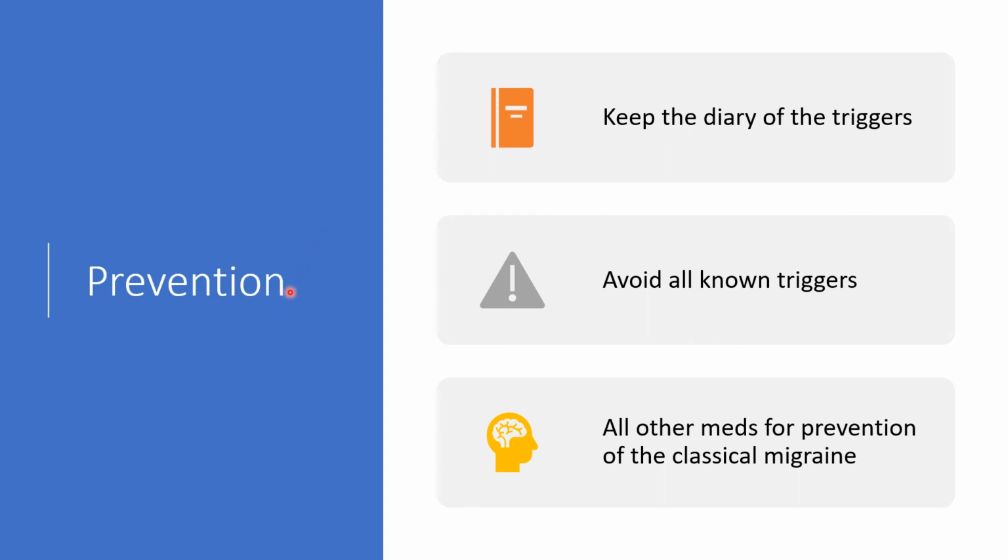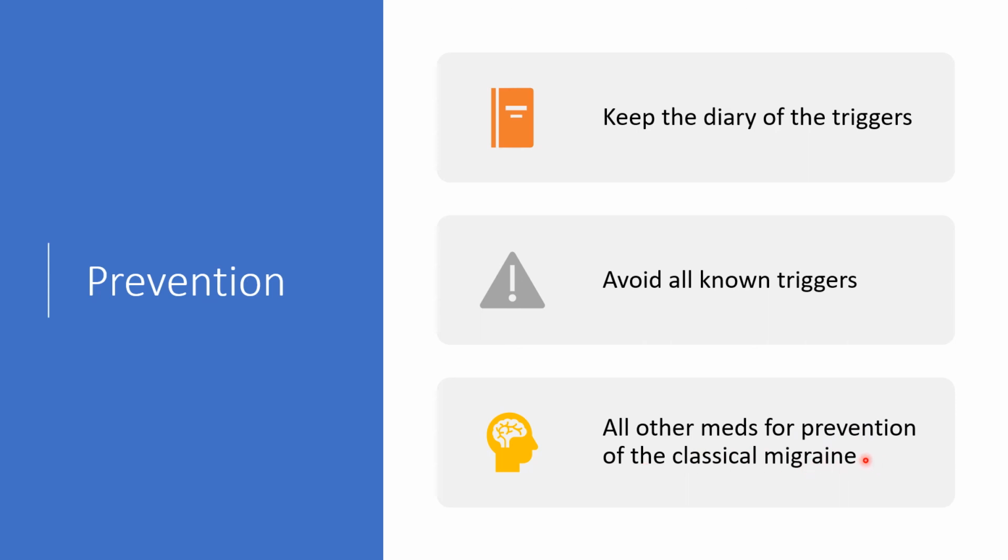Now, prevention. Prevention, they say, is cheaper than cure. That is, if the situation is even curable at all. So, first thing first, keep a diary of the triggers. Then avoid all the triggers like plague. All other medications for prevention of classical migraine could be used.